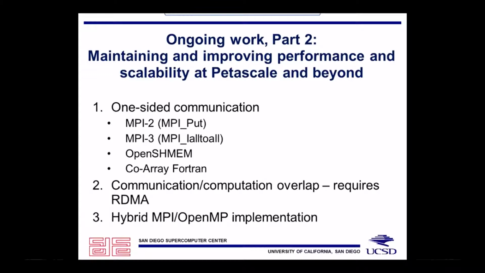So there are several ways we are exploring right now to make it even better, based on one-sided communication using either MPI-2 features or MPI-3 features, OpenSHMEM, and Co-Array Fortran. And we are attempting to use communication-computation overlap, as well as hybrid MPI-OpenMP.